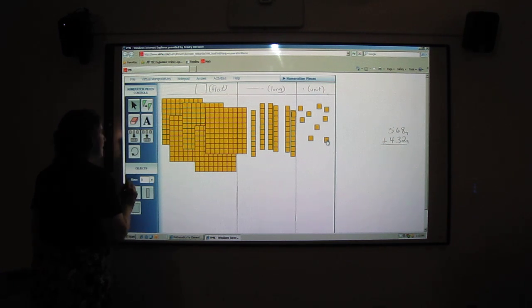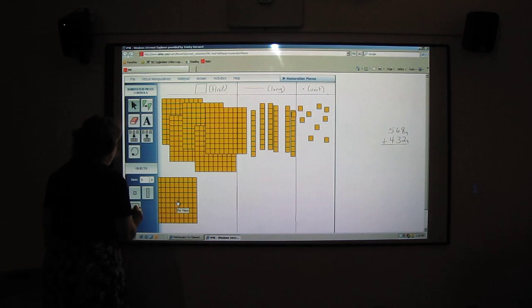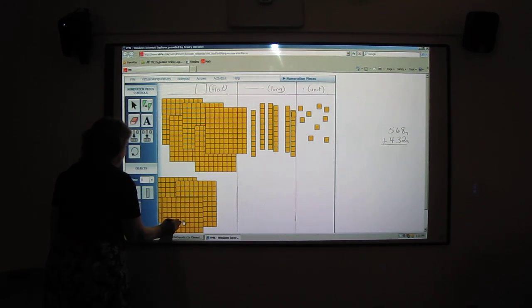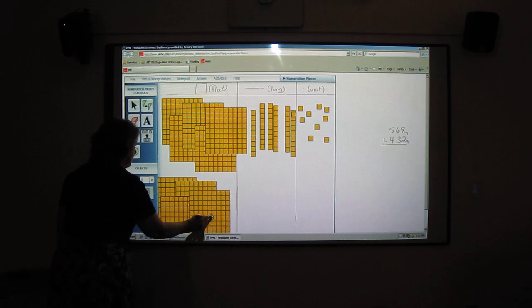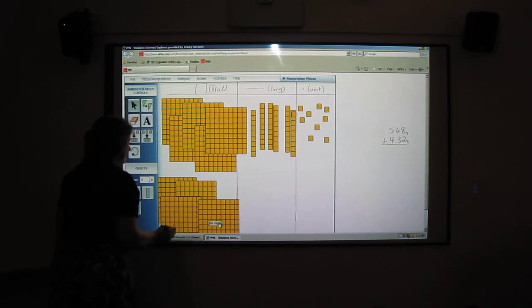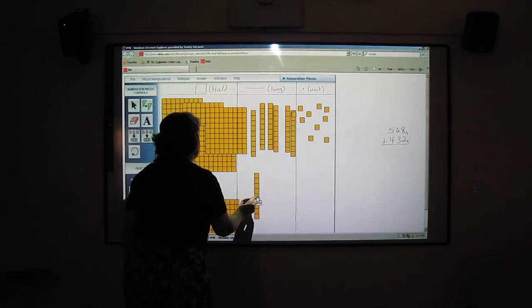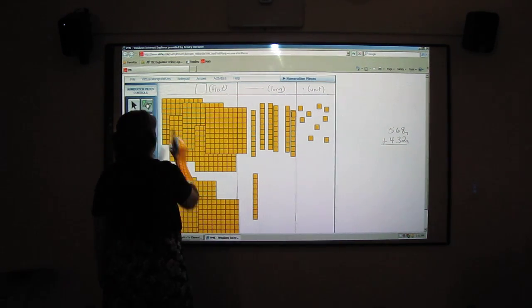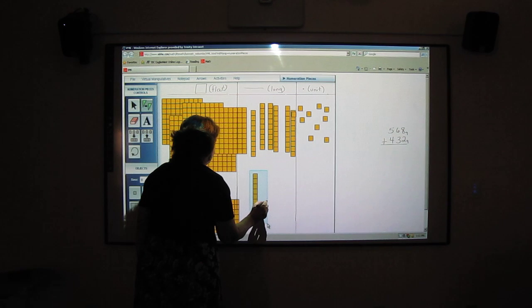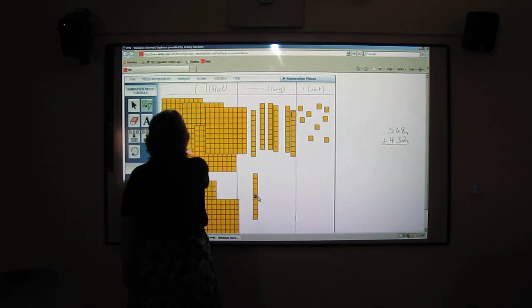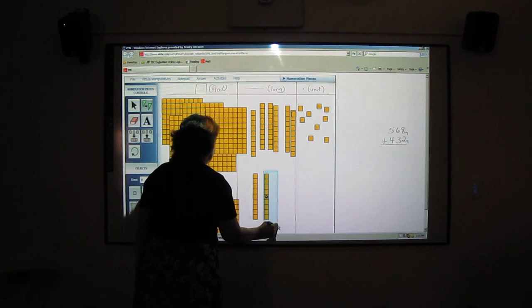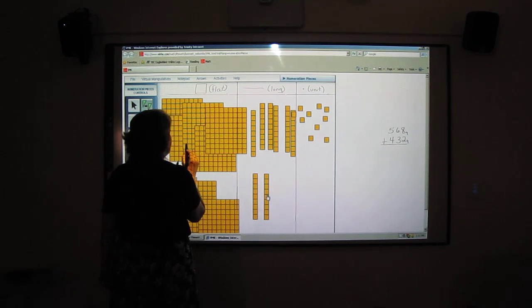I have to add 4 longs, 3 flats, and 2 units. So 1, 2, 3, 4. Okay, 4 flats, 3 longs, and 2 units. Looks like you have 2 extra single units.